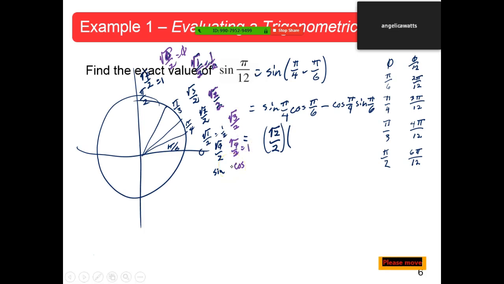Those are your cosines. So cosine of pi/6 is, I'll go back to dark now, okay, the square root of 3 over 2. Right? Cosine of pi/6, right there. Minus, what's cosine of pi/4?